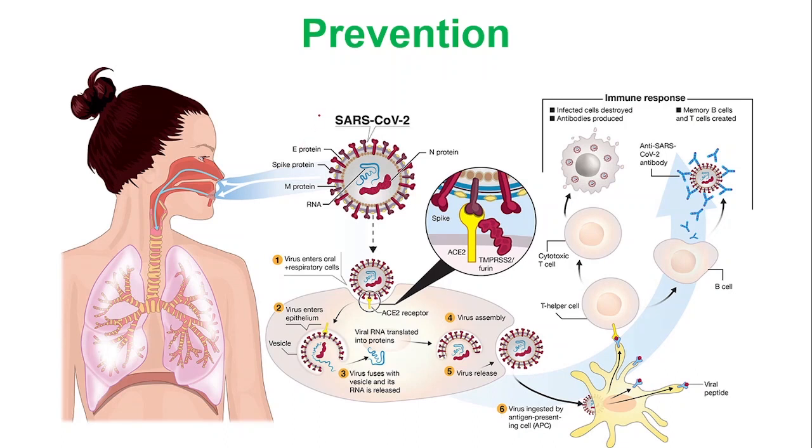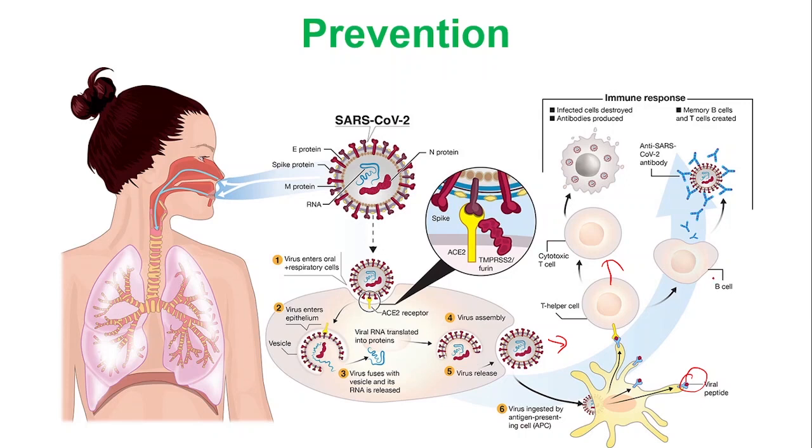Like a spike protein binds to the S2 receptor, and after releasing, the antigen presenting cell detects this virus and digests it, and it shows the viral peptide, which is the spike protein, and this spike protein is detected by T helper cells, and T helper cells activate cytotoxic T cells, and cytotoxic T cells kill the re-entry of coronavirus.